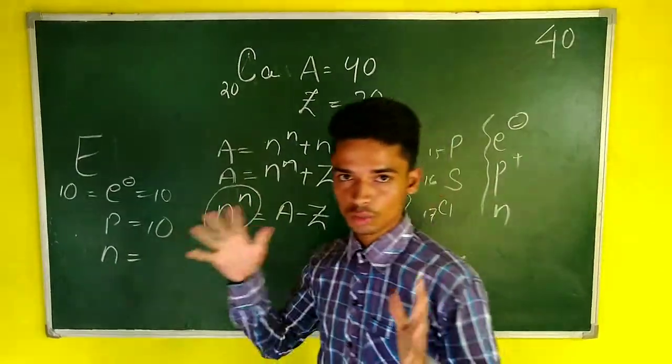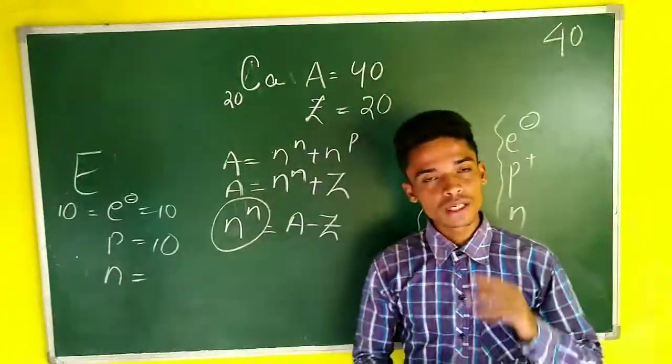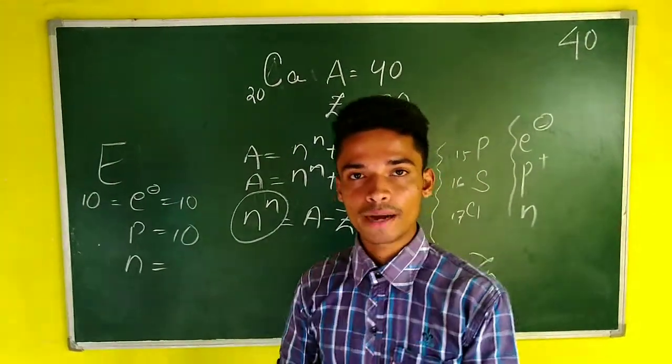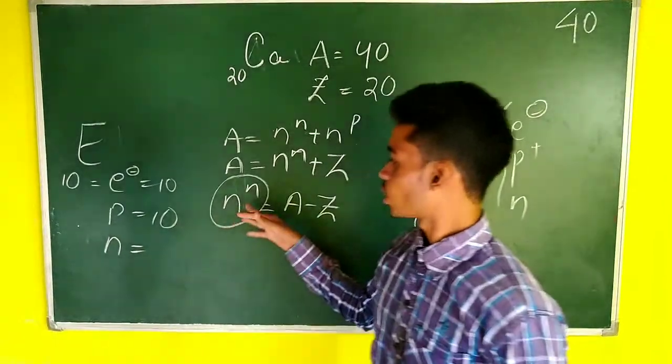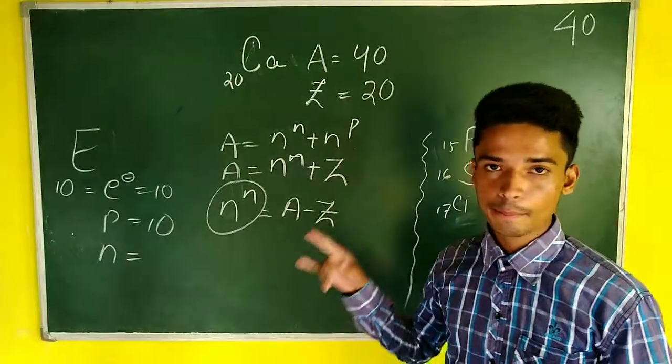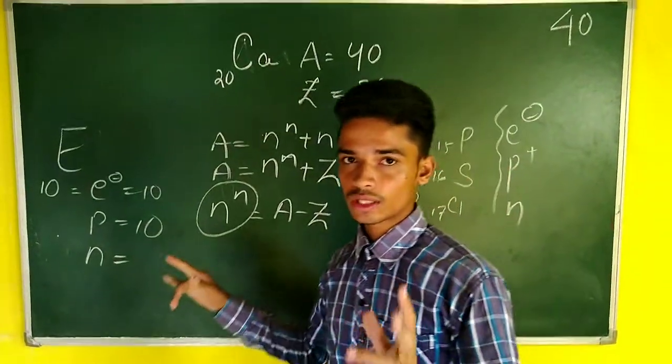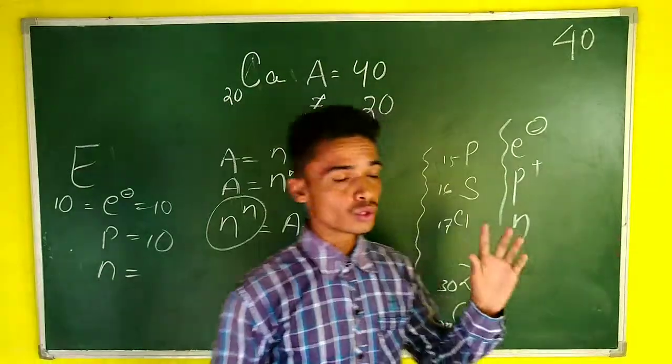The formula to calculate neutrons is atomic mass, the mass number, minus atomic number. Number of neutrons equals A minus Z. In this way, we can calculate the neutron value.